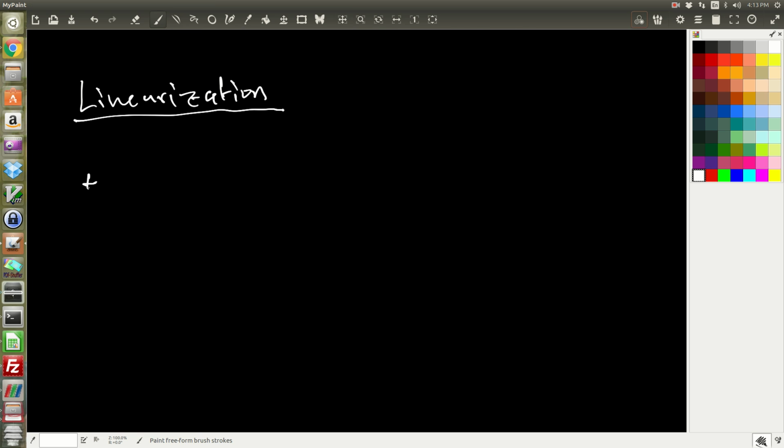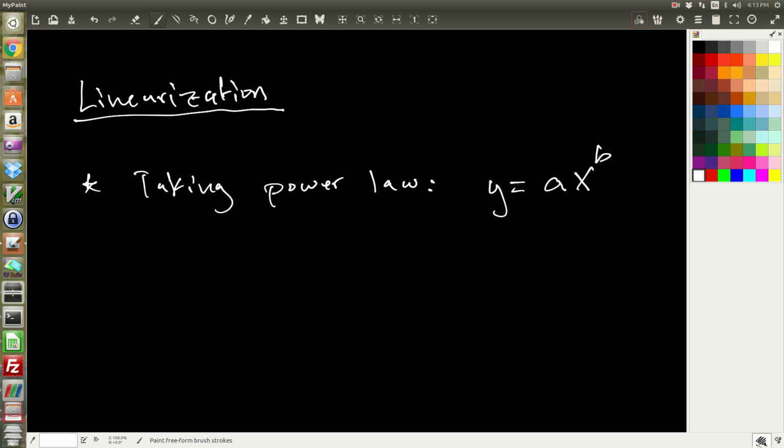So taking the power law, y equals some parameter a times x raised to another parameter b. So when I say parameter, I mean we could put any numbers in here. It's a model.